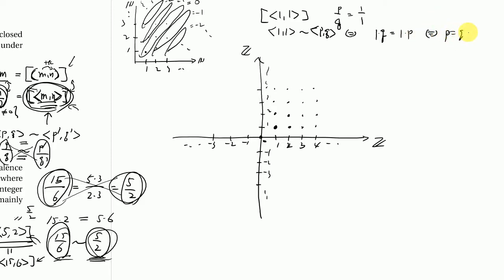So 1, 1, 2, 2, 3, 3, 4, 4: yes, they belong to the same equivalence class, and that can be written with 1, 1 as the representative.